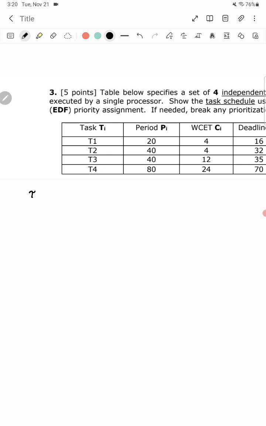The priority value for earliest deadline first priority assignment is given by this formula: 1 divided by the initial delay plus a k value, which is just an arbitrary constant, multiplied by the period plus the deadline for that particular task. So this is the formula you need.